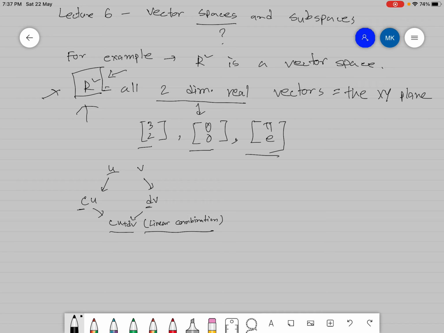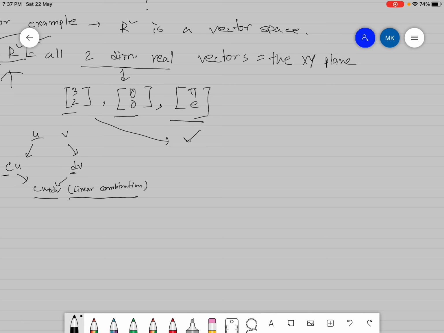For example, think about these two vectors. If we draw our R2, let's say this is (3, 2) and this is (pi, e).